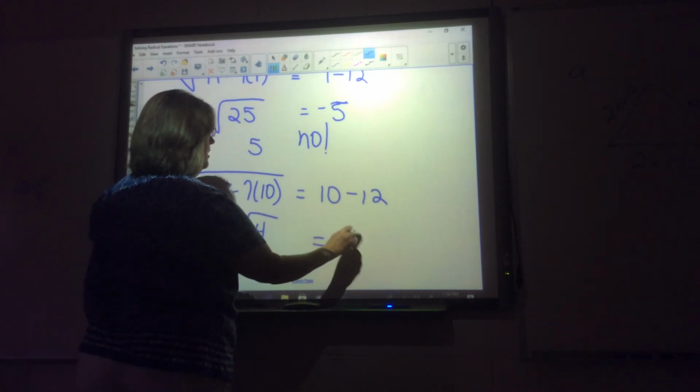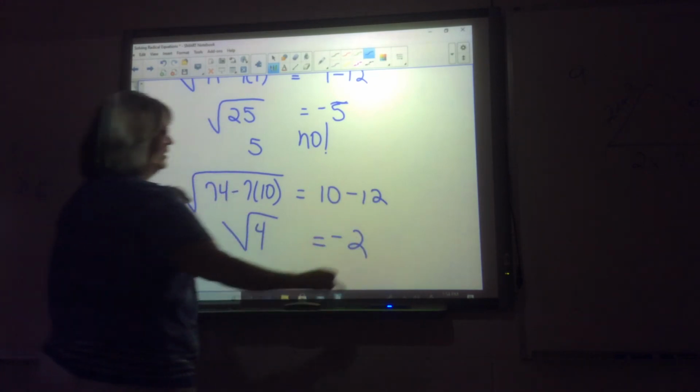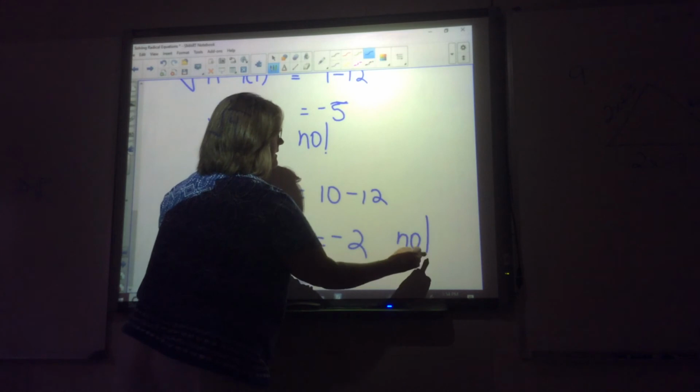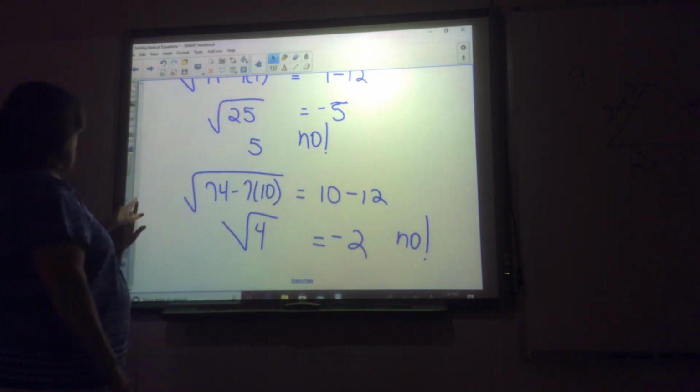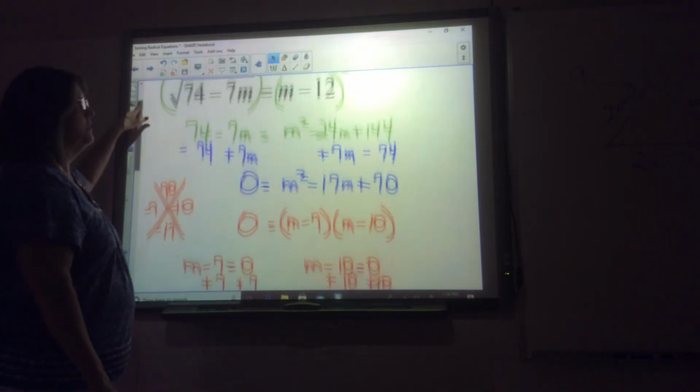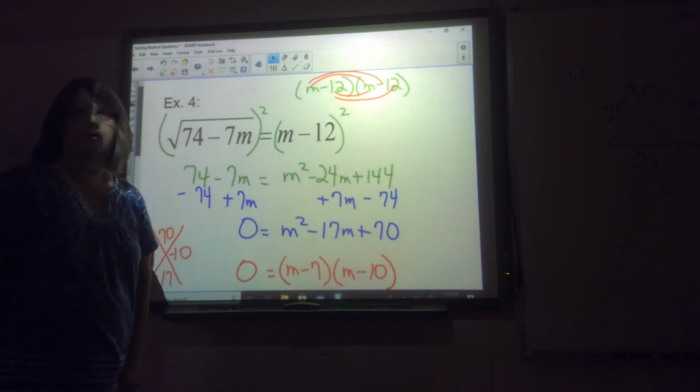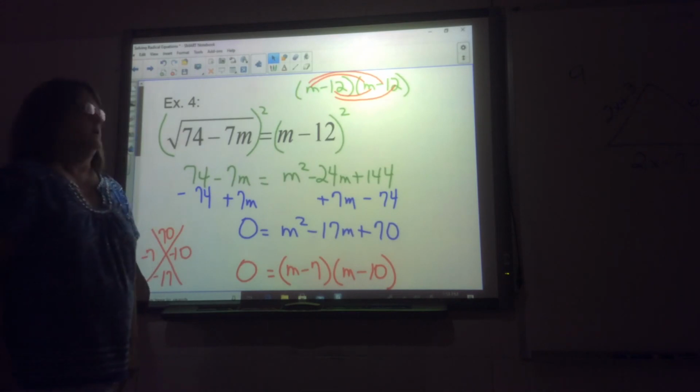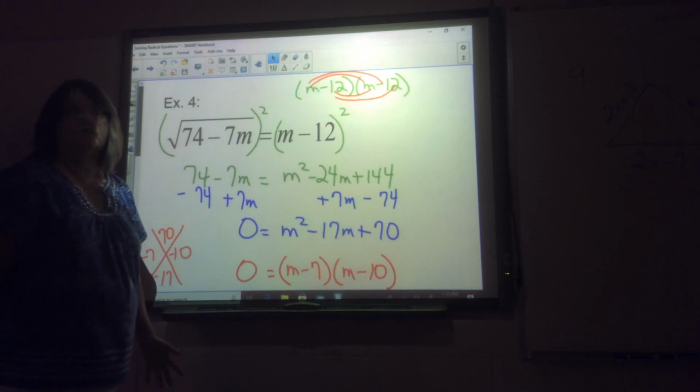We're going to have the same problem. This one doesn't work either. This particular problem has no solution. Even though you went through all that miserable work, believe me, it took a long time to do that problem. It doesn't work. So this equation has no solution.